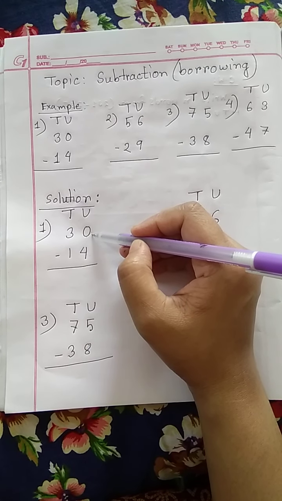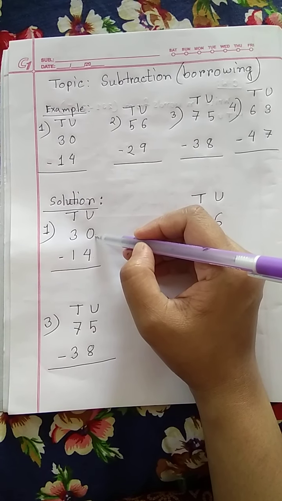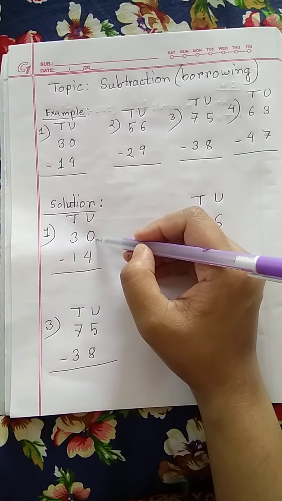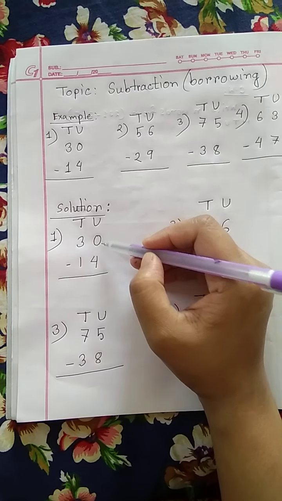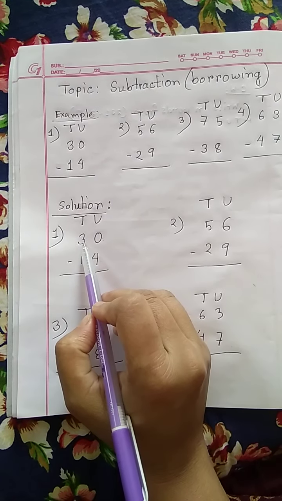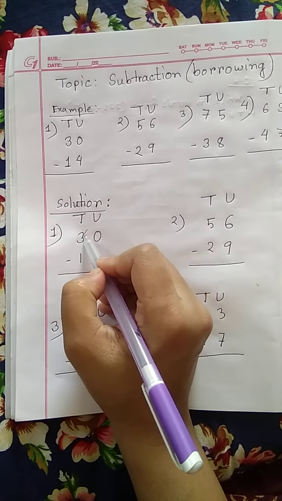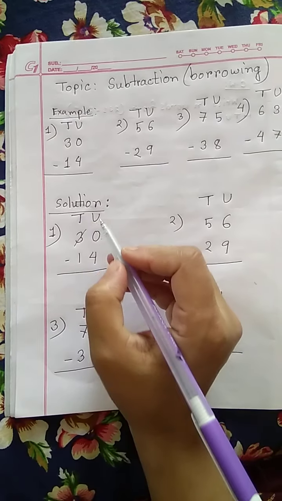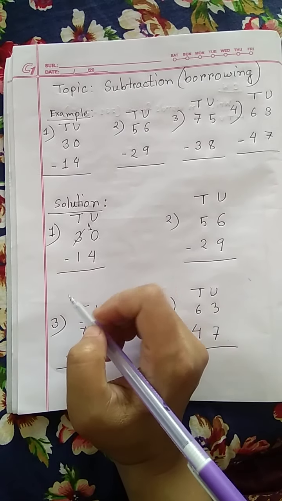No. So, what can I do? I have to make it bigger. But how? I have to borrow 1 from the 3 in the tens place. Let's borrow it. I have cut it, borrowed 1 and placed it over here, right?